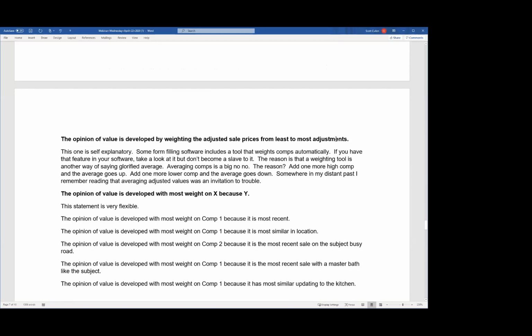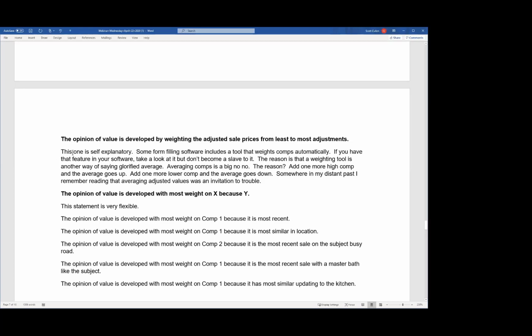The software I use, which is Total, has a system, I'm sure the others do too, where they weight the comps according to how much adjusting needed to be done to get them to their adjusted value. The reason I'm not a slave to it is that no matter what the weighting system is, it is still really just kind of a glorified average.